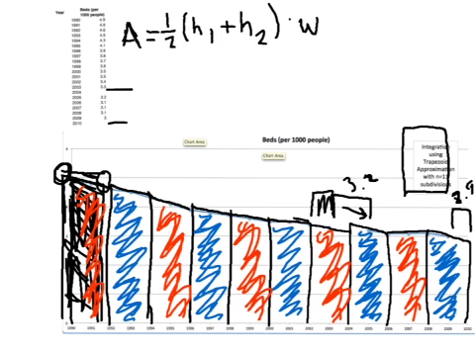So let's take an example. Let's go this right here, from 1990 to 1992. My first trapezoid, my first 2-year trapezoid. So on the graph, the area would equal 1 half times height 1, which is this point right here.